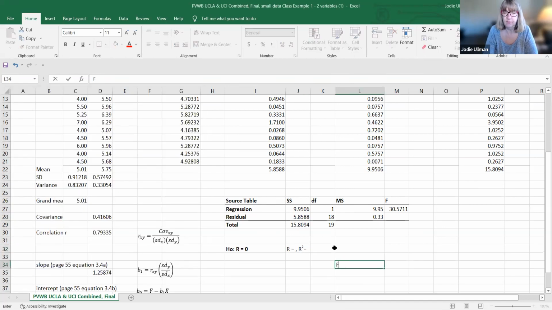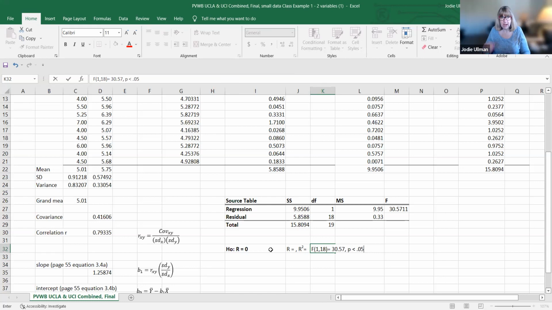We have F. Oops, sorry. I'm going to fill in those values in a minute. We have F with 1 and 18 degrees of freedom equals 30.57, p less than 0.05.